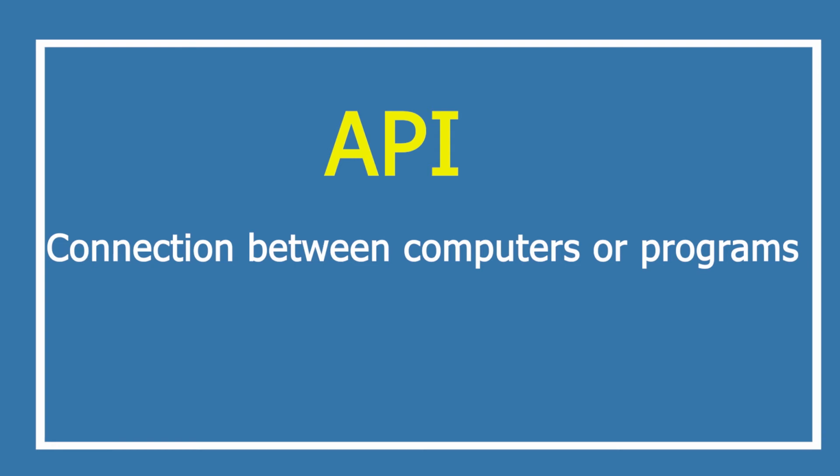So at the end of this tutorial, you should be able to develop a front-end web application using JavaScript, and at the same time you should also be able to develop a back-end web application using JavaScript.